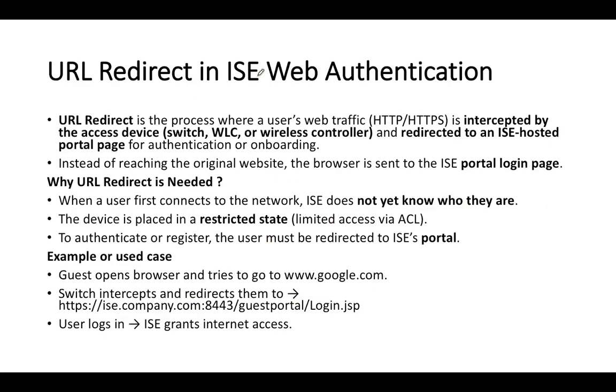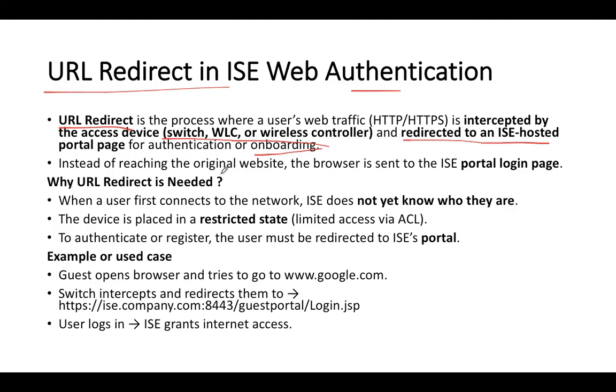Similar to the portal, you have the URL redirect in ISE web authentication, right? So what is URL redirect? It's a process where a user's web traffic, like again HTTP, HTTPS, is intercepted by the access device, which is again the NAD, right? And redirected to the ISE-hosted portal page for authentication or onboarding.